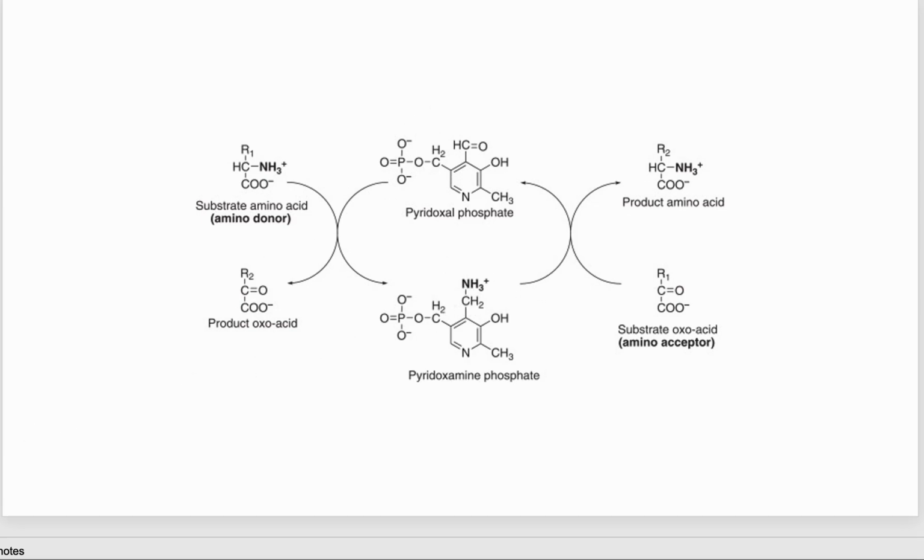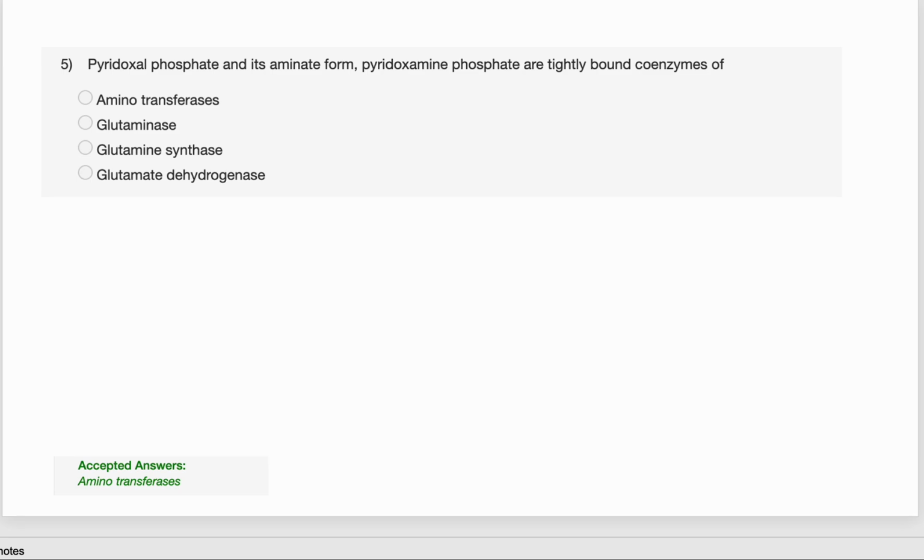So sometimes the question itself gives an answer. If you don't even know about the reaction or anything, just read the question twice. Pyridoxal phosphate and its aminated form. So you would think there's addition of amine or transfer of amine in some sense. So just go through the options: aminotransferases, glutaminase, glutamine synthase, or glutamate dehydrogenase.